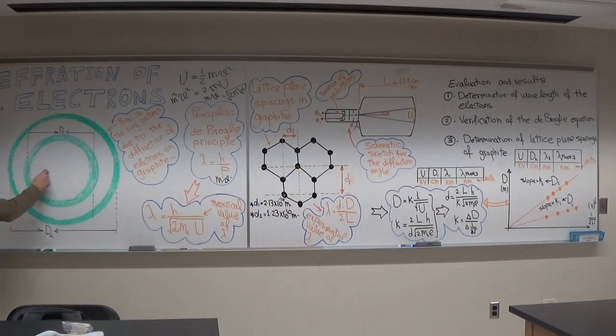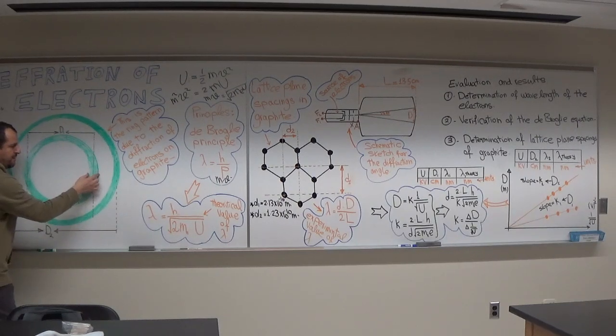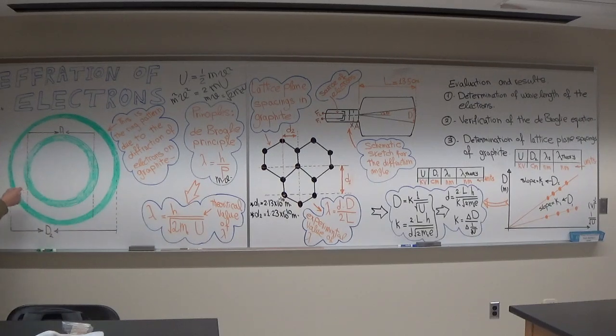You can measure the inner diameter, and then you can use the outer diameter, and then try to figure out this distance right here, and then divide that by 2.